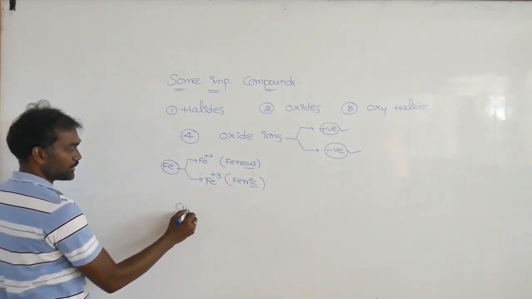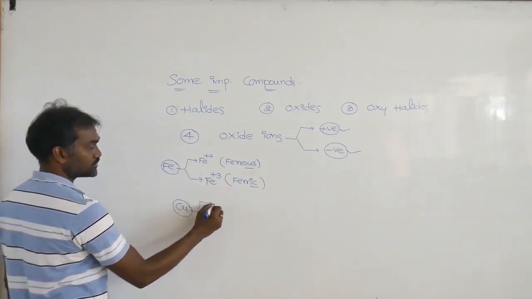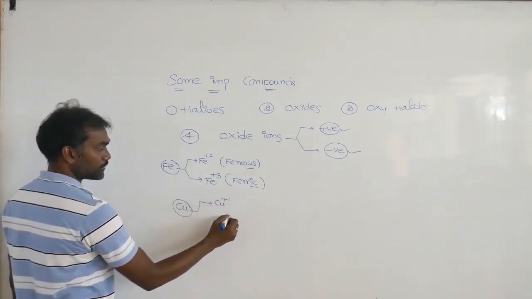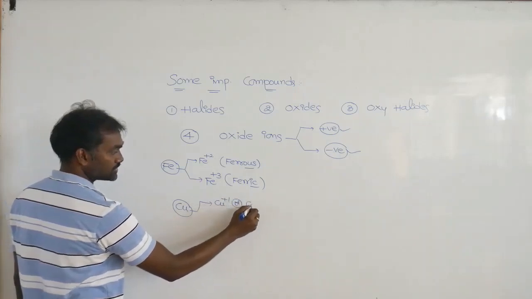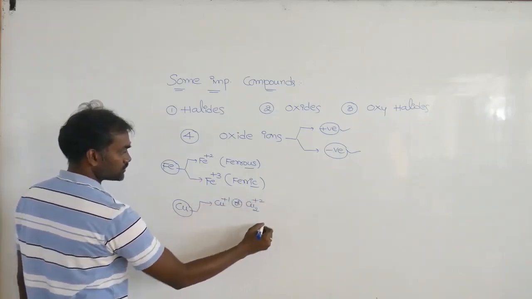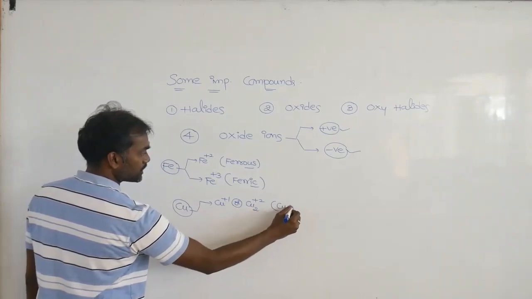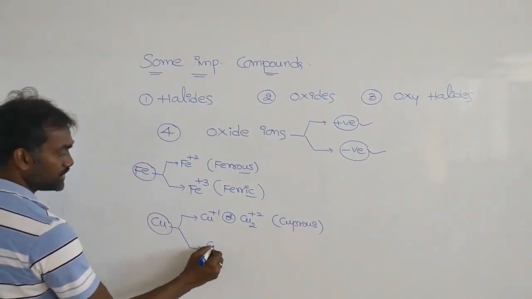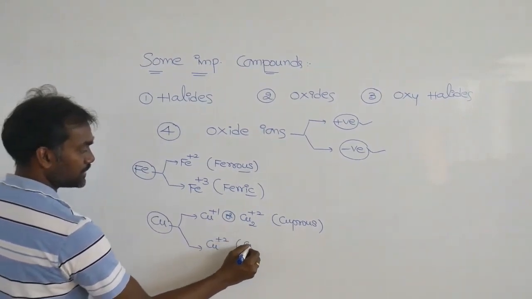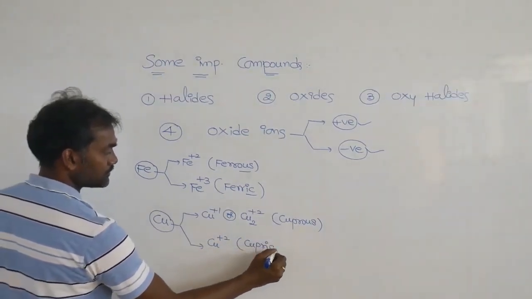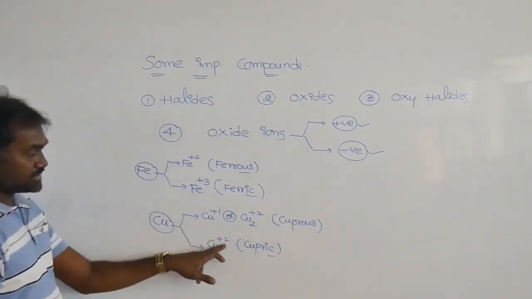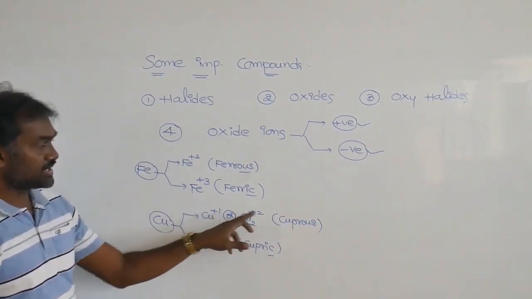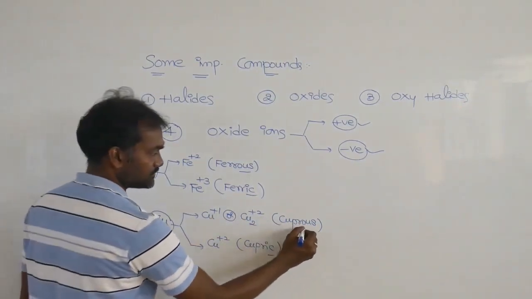Suppose you take copper. Copper is showing Cu plus 1, otherwise Cu plus 2. Cu plus 1 is called cuprous. Next, Cu plus 2 is called cupric. Highest oxidation state is -ic, lowest is -ous.